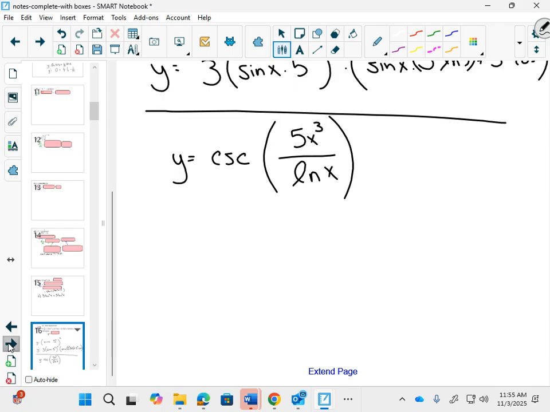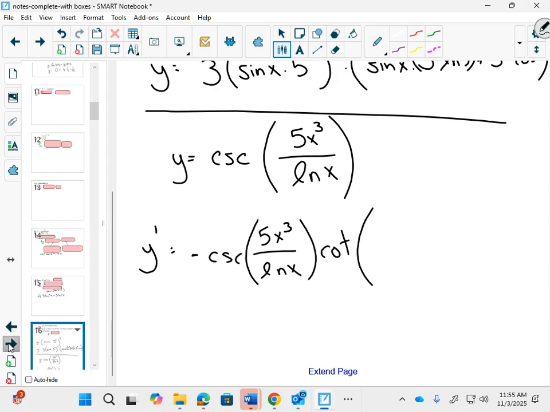The derivative, my outside function is cosecant, right? The derivative of cosecant x is minus cosecant x cotangent x. But we have to keep the inside the same. So what this will look like is minus cosecant, keep the inside the same.